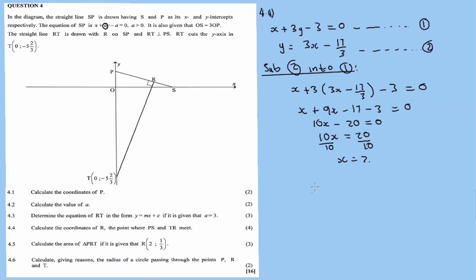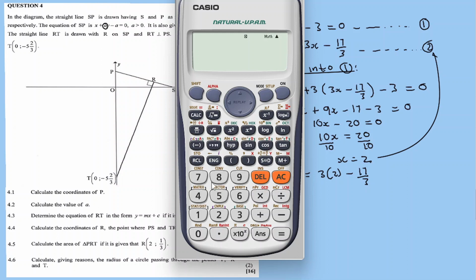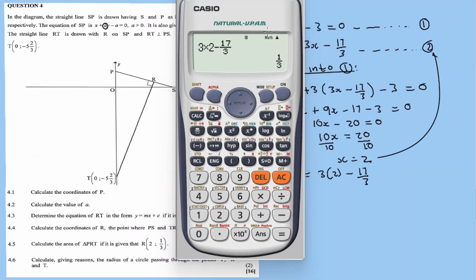Then substitute 2 into equation number 2. I substitute: y is equal to 3 times 2 minus 17 over 3. So it's 3 times 2 minus 17 over 3. This is equal to 1 over 3.